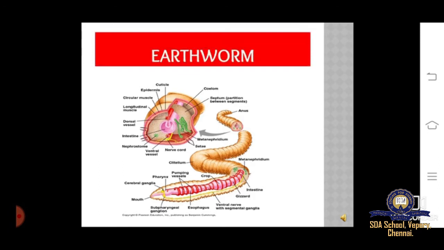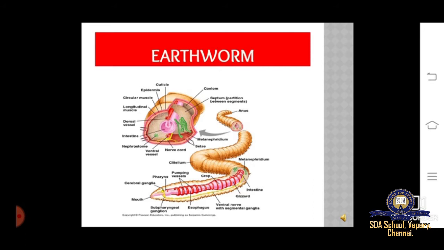Here we are going to see the movement of the earthworm. You know, the earthworm is a very small living being in the world. Even though it is small, it doesn't have many bones or muscles in its body, but it has muscle segments in its body.